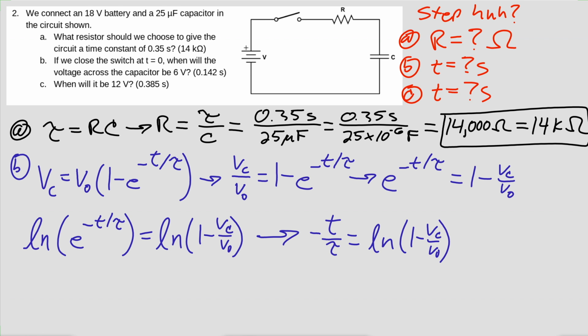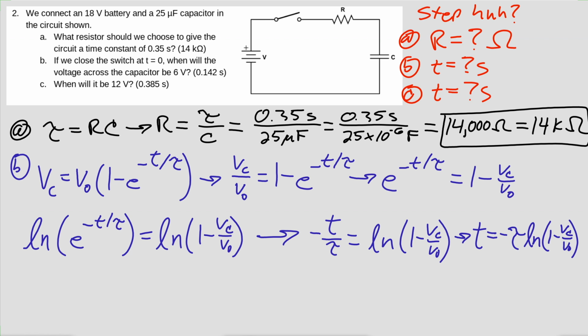So now just a little bit more algebra. Basically, I'm going to multiply both sides by negative tau, and that's going to give me a formula I can use for the rest of this. That's going to give me t by itself on the left side, which is what I want, equal to negative tau times natural log of 1 minus V sub C over V naught.